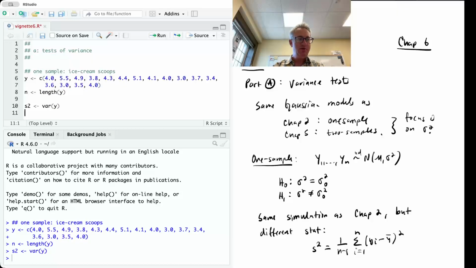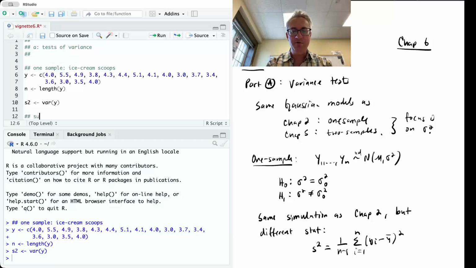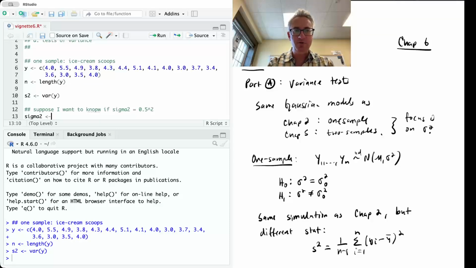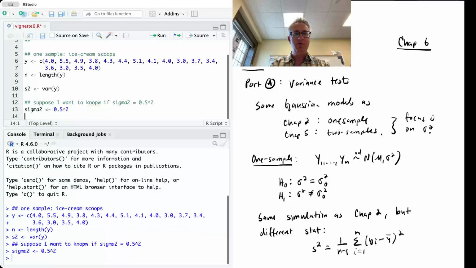So that's my estimate. Suppose I want to know if sigma squared is equal to 0.5 squared. Sigma squared is 0.5 squared. Okay? So that's my null hypothesis. This is my H naught.